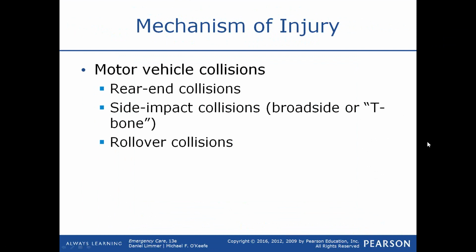That'll cause the vehicle to spin around in a circle, and if a person isn't belted, certainly the doors may fly open and they may be ejected at that point. Now, rollovers increase the likelihood that you will be ejected, especially if you're not wearing your seatbelt. And if you are ejected, regardless of which type of collision, you have a 300 times greater chance of becoming a fatality.